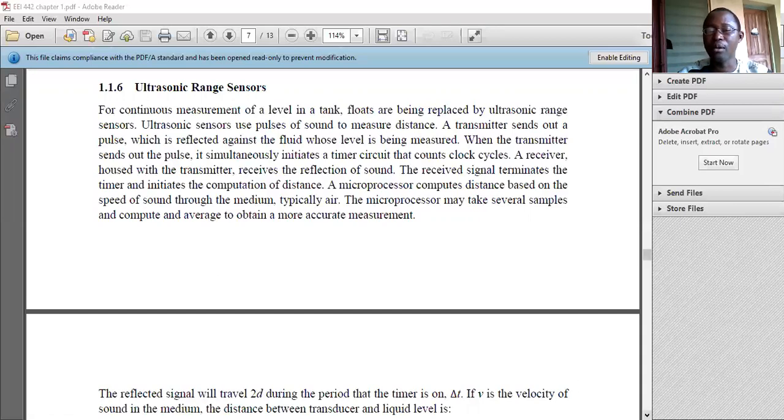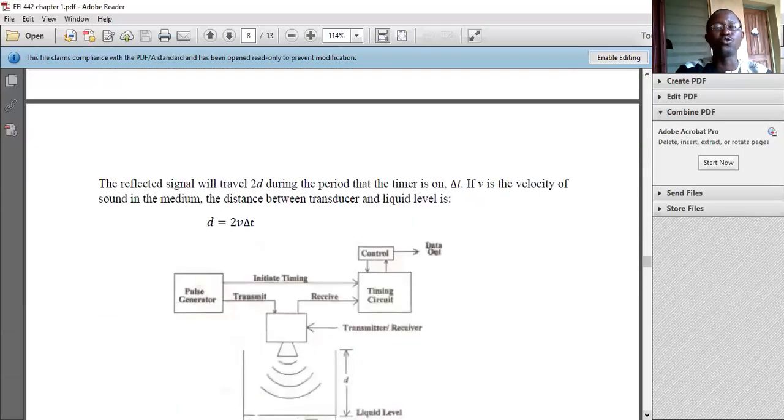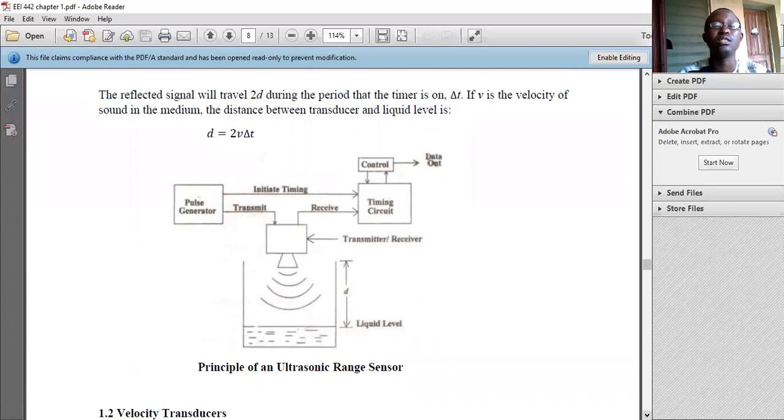The signal passed through a distance of 2d. For that reason, the time taken will be delta t, and you can use this simple formula to determine the distance, which is d equals v delta t over 2.